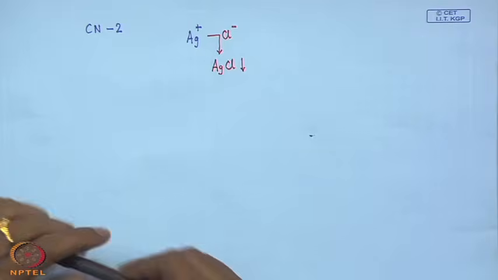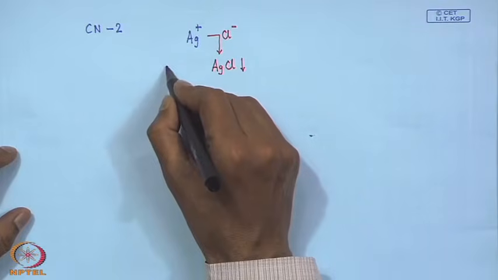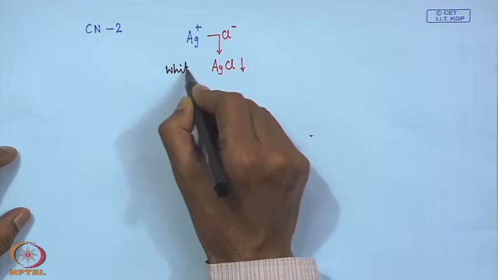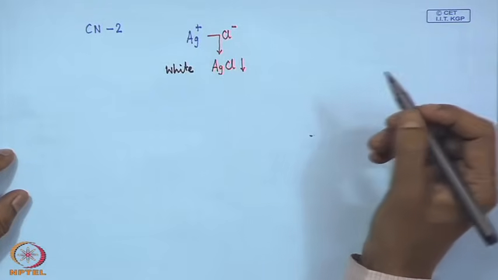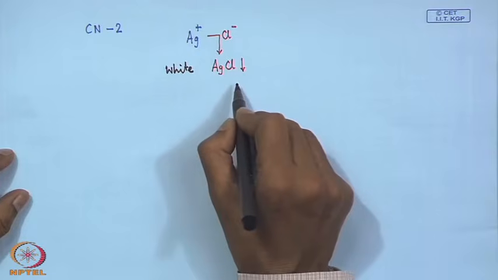So, silver chloride is getting precipitated, which is white in color. We have to identify that this particular precipitation is due to silver chloride.